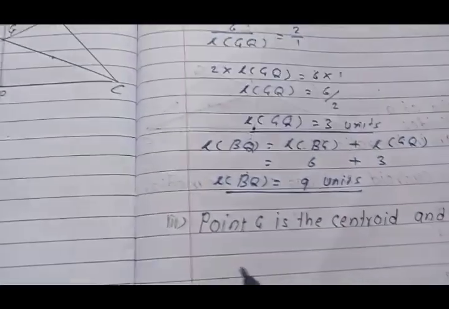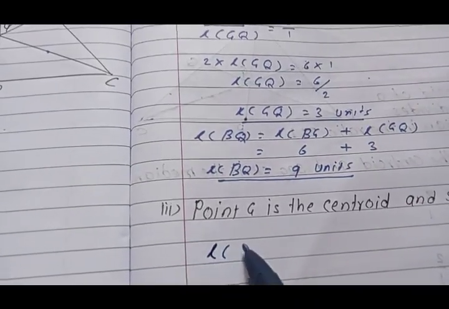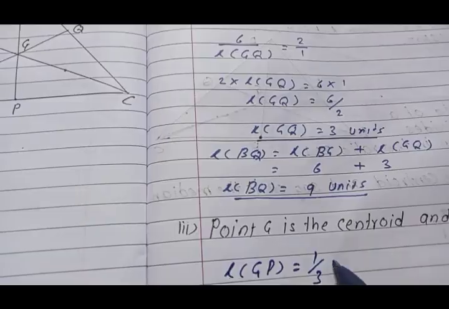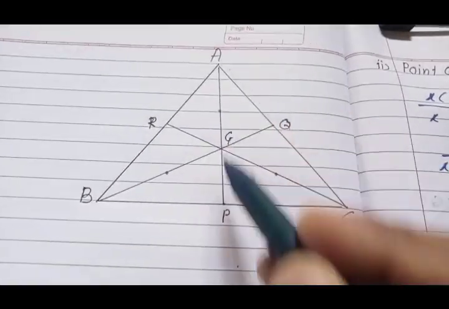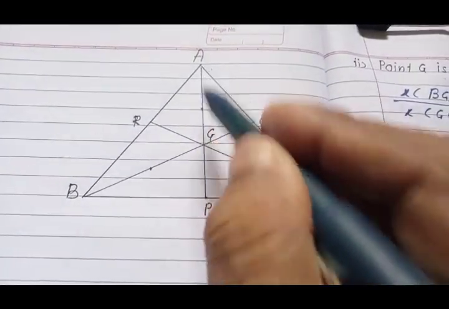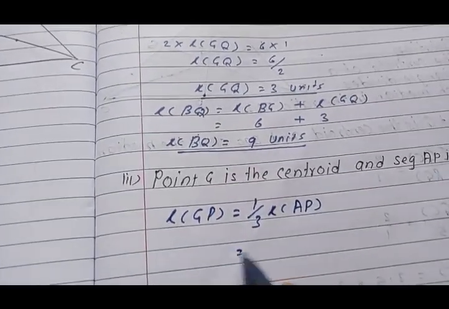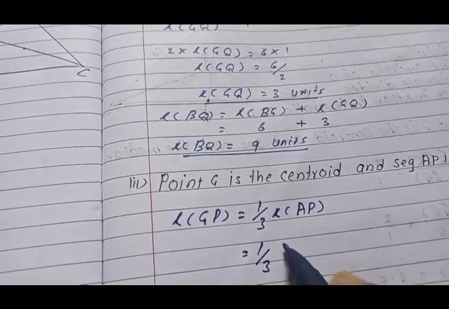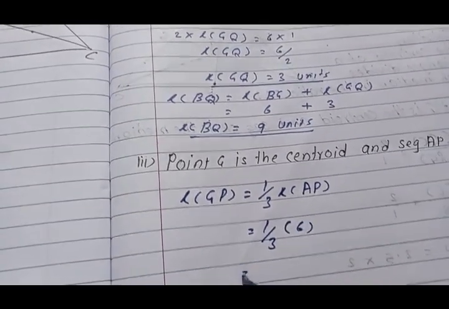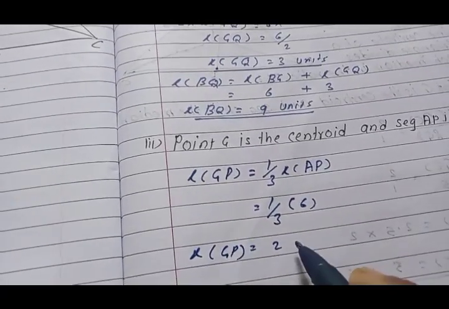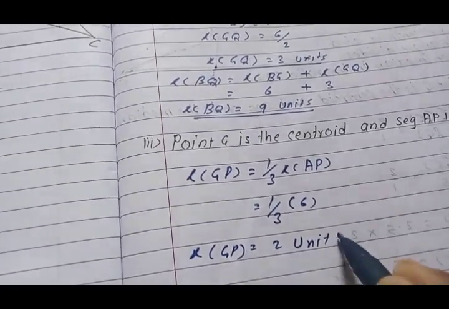So length GP equals 1 upon 3 of AP. AP is given as 6, so length GP equals 2 units.